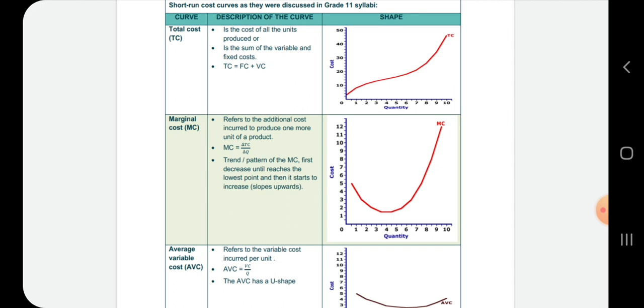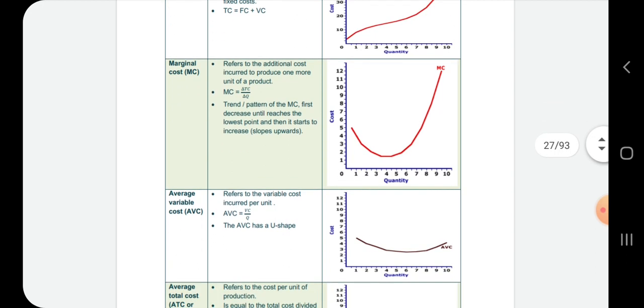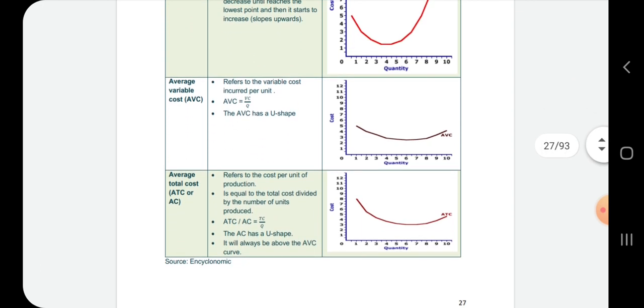Even the triangle says change in total cost over change in quantity. So with marginal cost, you will start with a higher cost, it goes down until a certain point, and then the slope starts going upwards again. Now we have average variable cost.